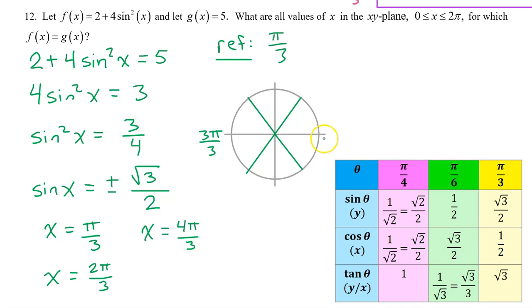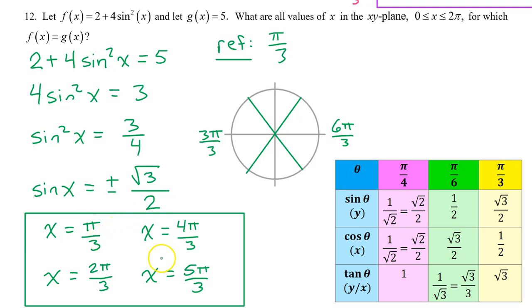We can think of 2 pi as 6 pi over 3. So the angle in the fourth quadrant is 5 pi over 3. These are the 4 angles on the interval from 0 to 2 pi, where f of x is equal to g of x.